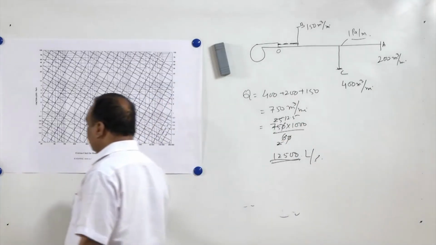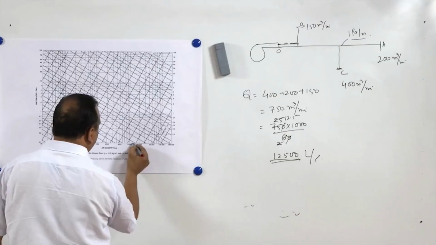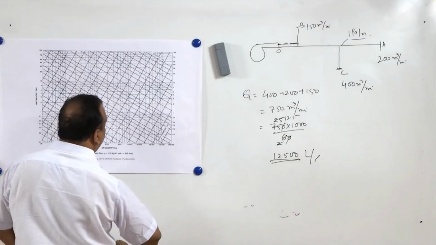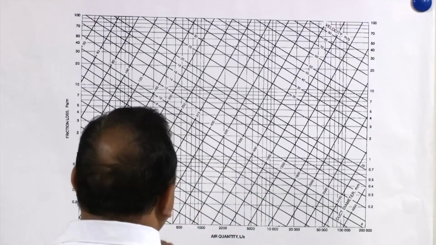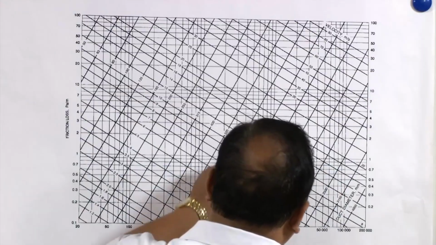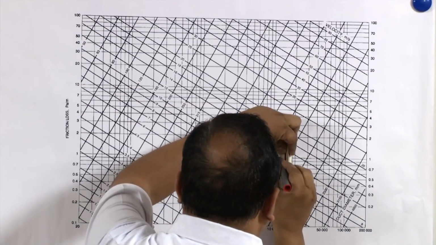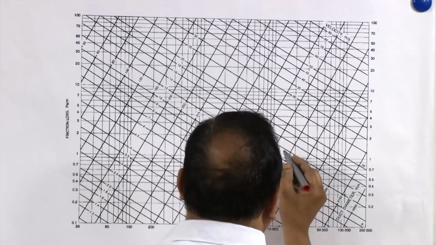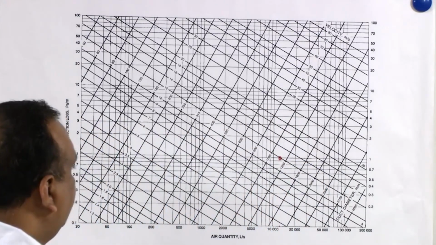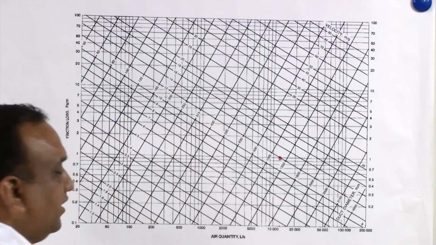So for 1 Pascal per meter and this approximately 12,500 discharge, we will be getting this point. Now here you can see the velocity is already more than 7 meter per second.